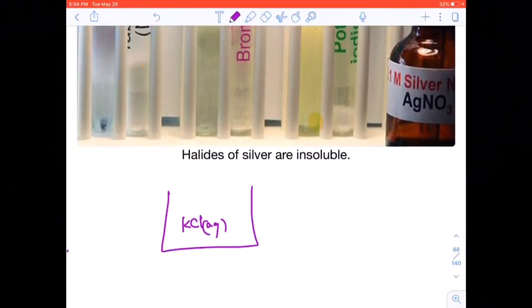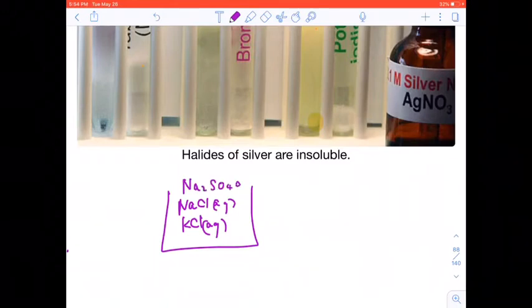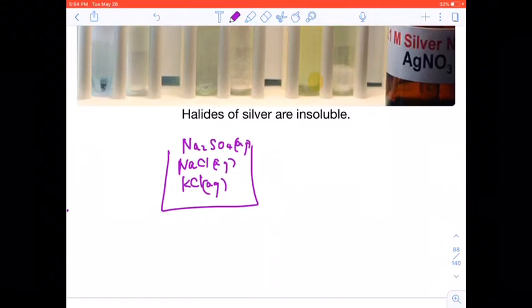It could have sodium chloride salts in here. Right. It could even have some sulfates in here. So it could have maybe sodium sulfate in here. Right, and that's all soluble. It could even have some carbonates in here. So it could have maybe sodium carbonate in here.